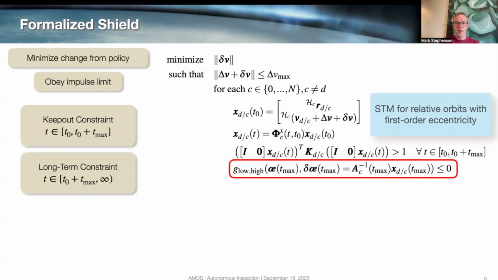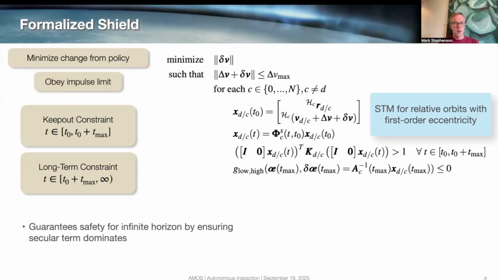Finally, we can also use that same first order eccentricity assumption to derive some additional constraints that guarantee the secular terms dominate, and that after that explicitly checked horizon, we're either in a relatively periodic orbit, or we are moving away from the RSO or any other agents. This guarantees safety for the infinite horizon by combining those discrete checkpoints with the long-term constraint.